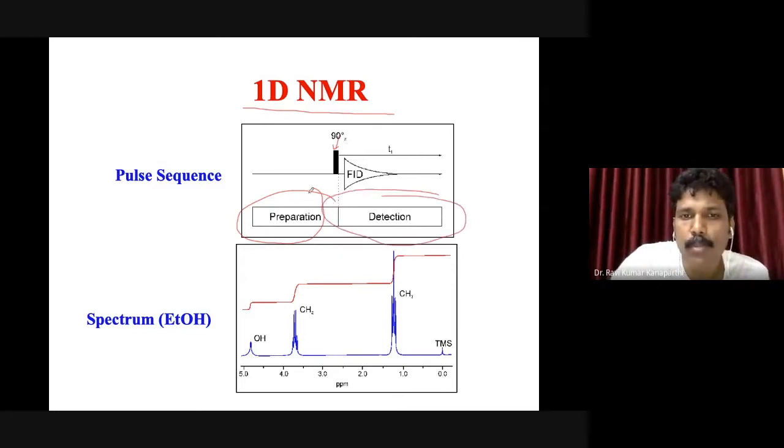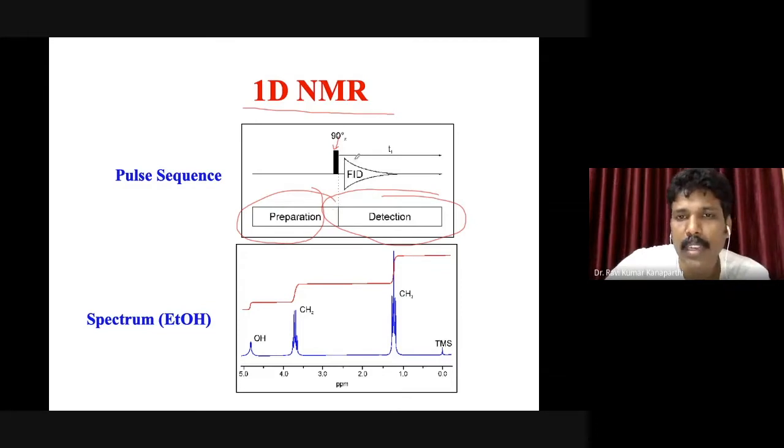There are two processes. First, you prepare the sample, and then you excite it. The preparation involves placing the sample in the magnet and applying the radio frequency 90-degree pulse.